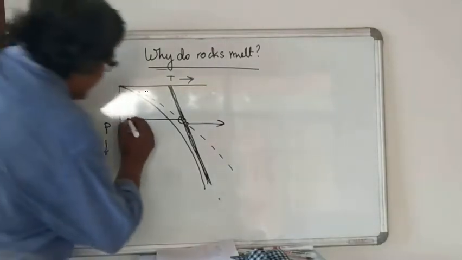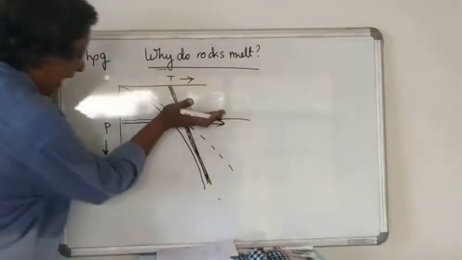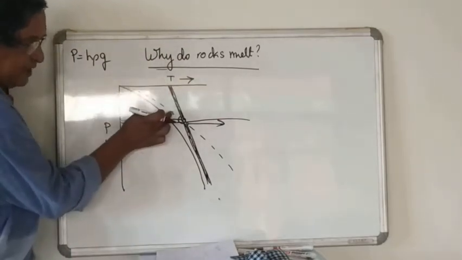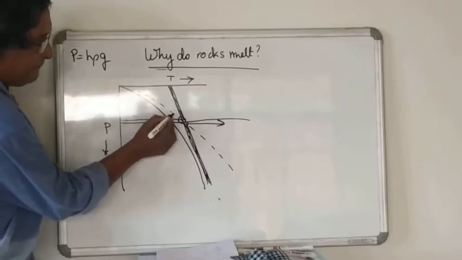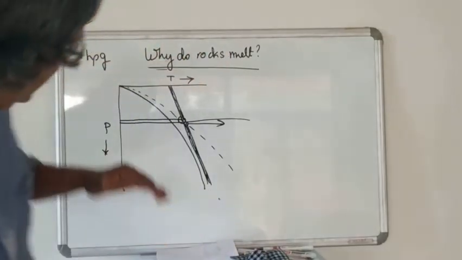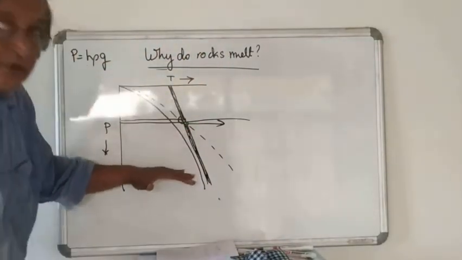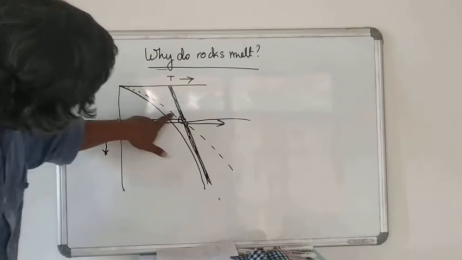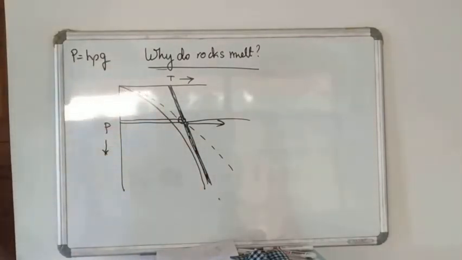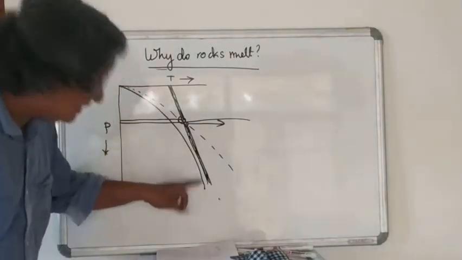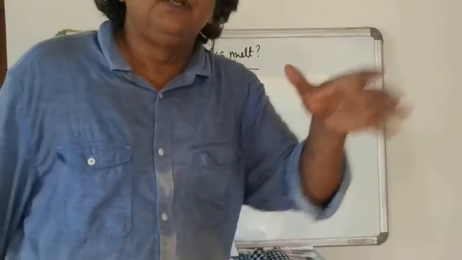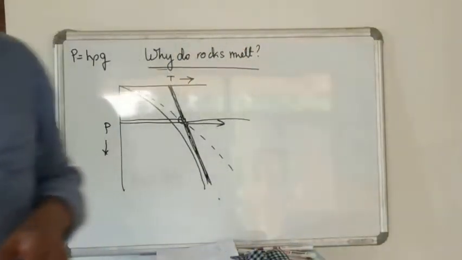So above this depth, mark here, for the broken graph, the rocks are solid. Below this depth, the rocks are molten, if the geotherm is the broken line. But if the geotherm is a solid line, then for all pressure temperature changes, the rock does not melt.